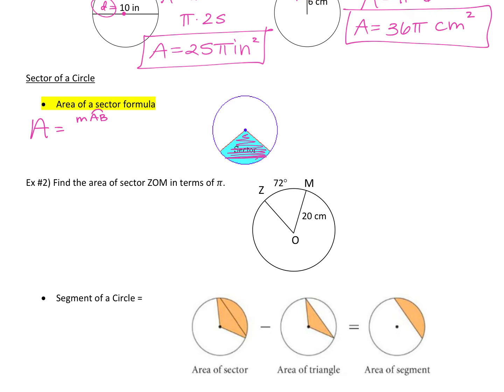We're still going to just call it arc AB because we don't know what the arc is, over 360. But now instead of multiplying by circumference, we multiply by area of the circle. Pi times the radius squared. Okay, so that's your area formula for finding a sector of a circle.